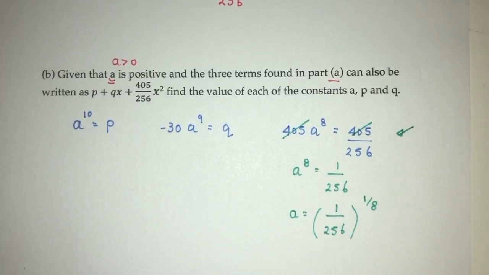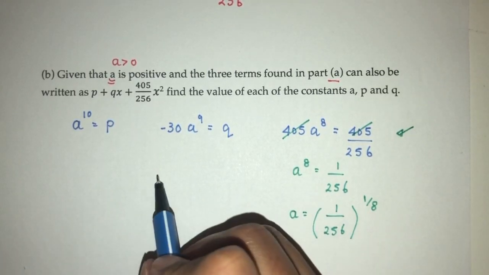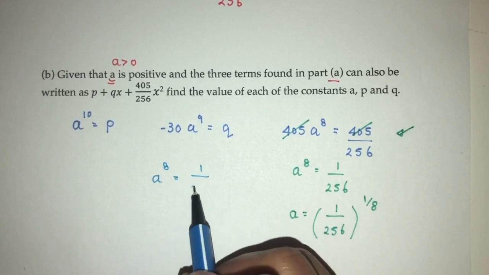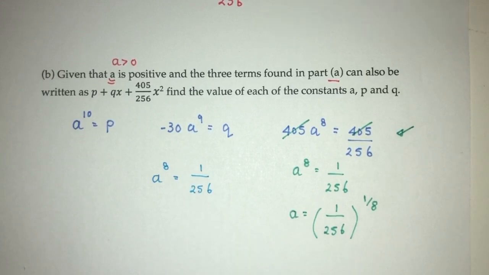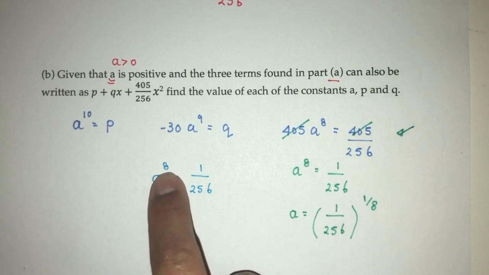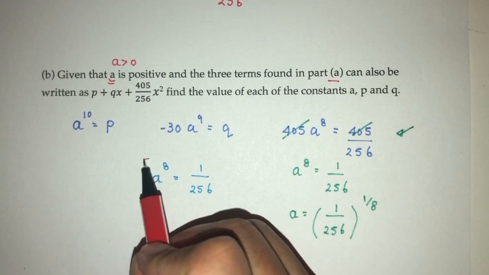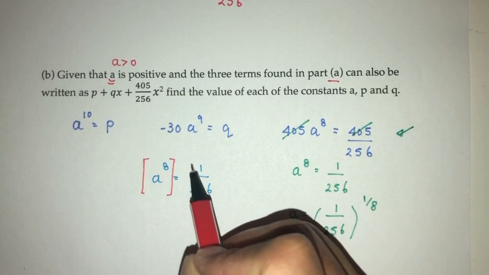Let me explain how I did this. If I have A power 8, and here I have 256, and I want to find the value of A, I want to eliminate this power. One easy way to understand this is if we apply the same powers on both sides.